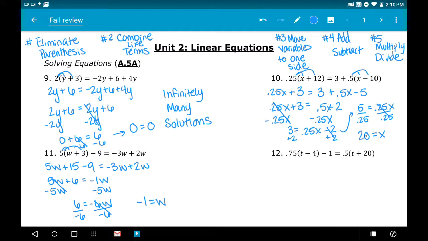For number 12, same steps. So first I distribute. So I have 0.75t. Now 0.75 times 4, when you put that in your calculator, if you don't know what this is, 0.75 is 3/4.